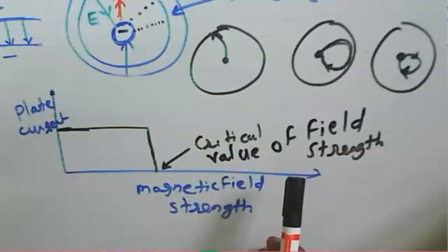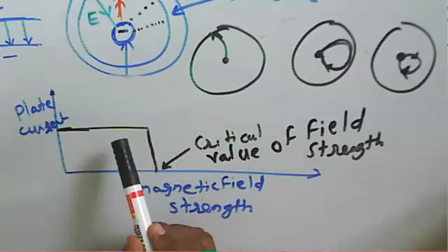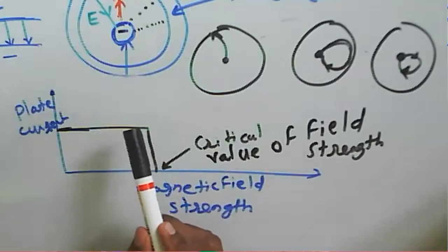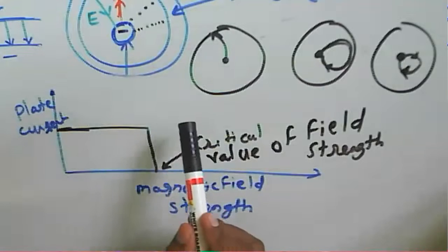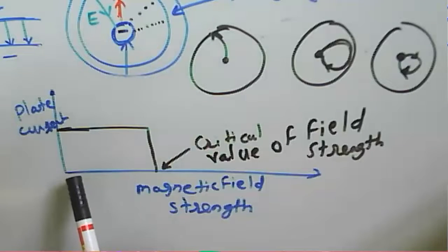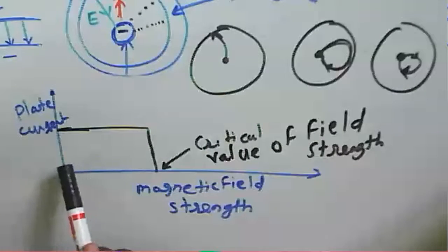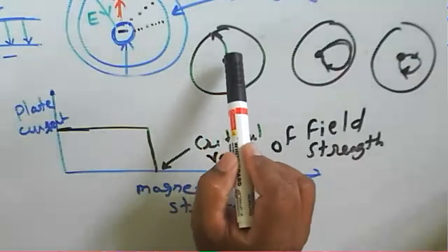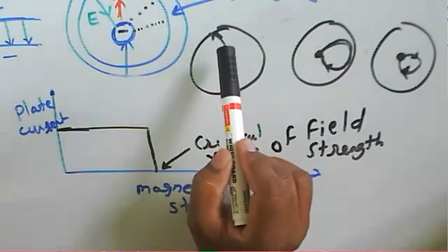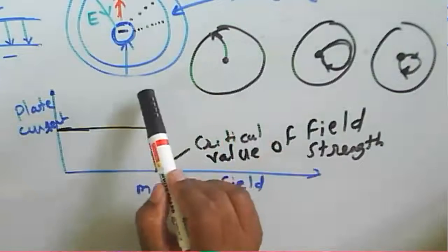So if the magnetic field strength is increased, then in the initial state, whatever the electron path is, that path will be curved instead of a straight one.